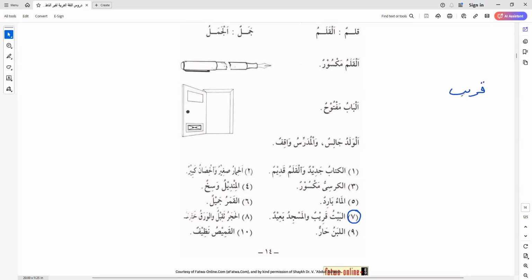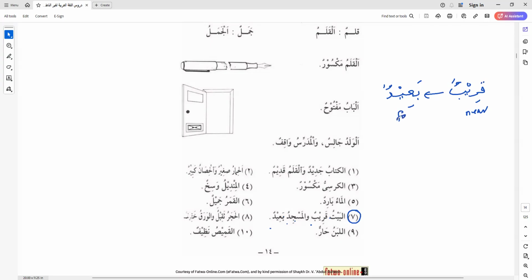I jumped over it, I'm sorry. When something is قريب, it's near. So if you are not near, you are بعيد. You are far. So البيت قريب, the house is near, والمسجد بعيد, the masjid is far.